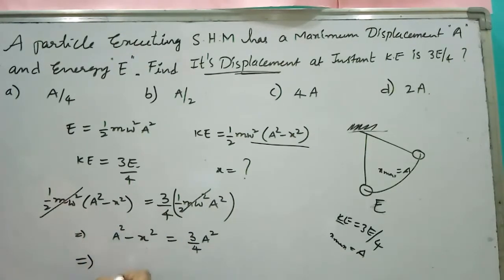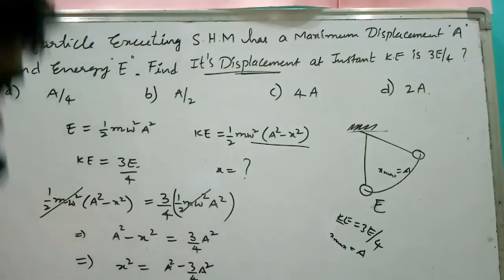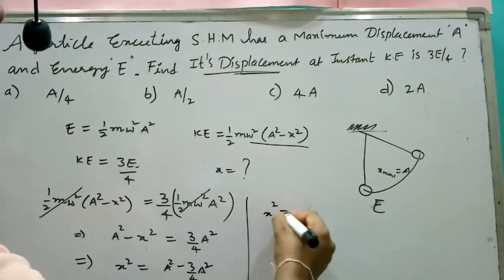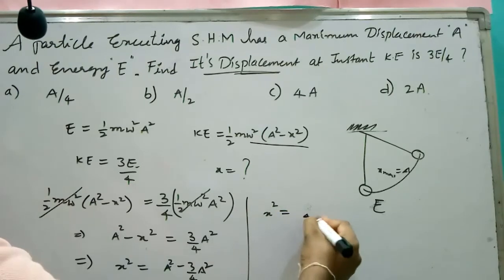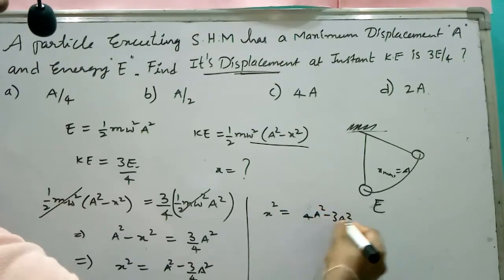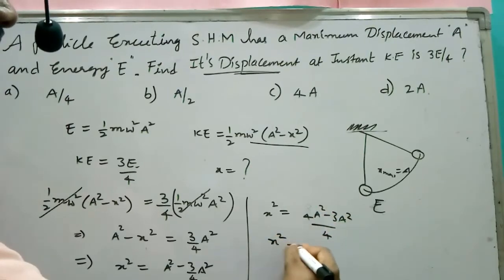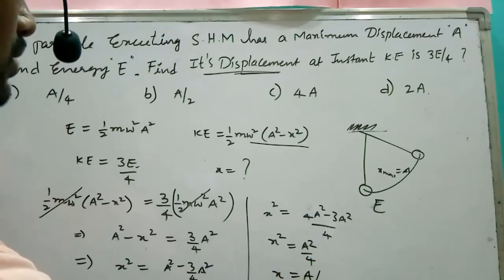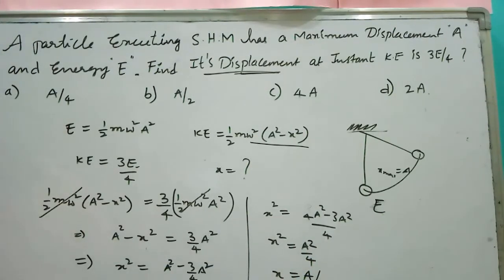Then X square equal to A square minus 3 by 4 A square. Simplifying, X square equal to 4A square minus 3A square by 4, nothing but X square equal to A square by 4. X equal to under root of A square by 4, which means A by 2. So option B exactly matches this answer. Okay, right.